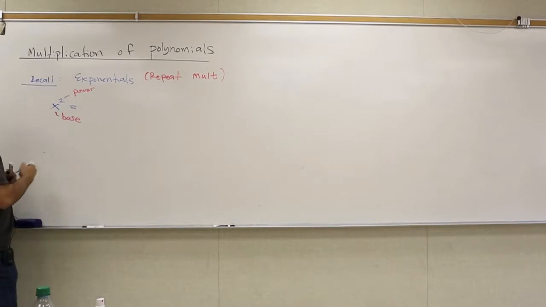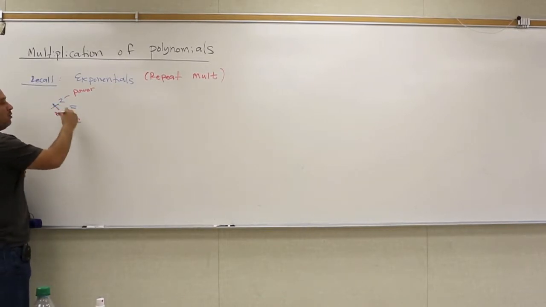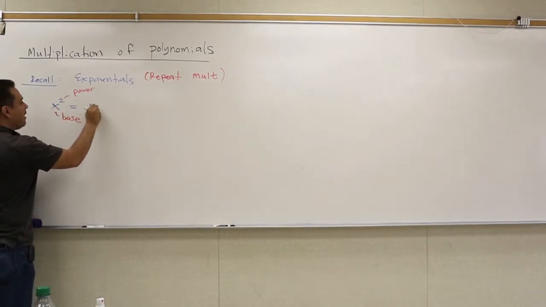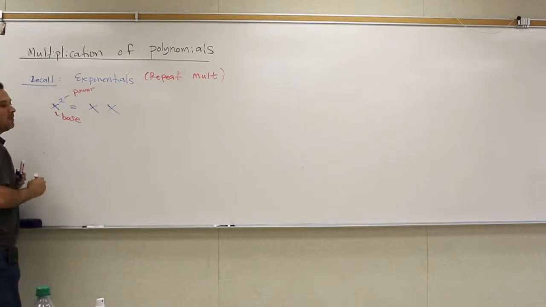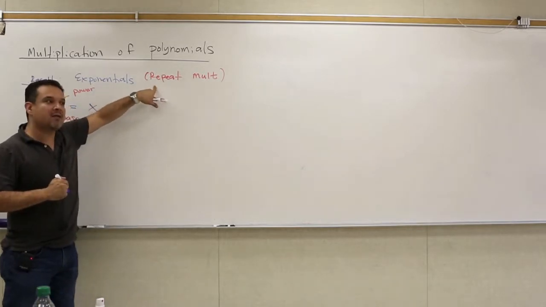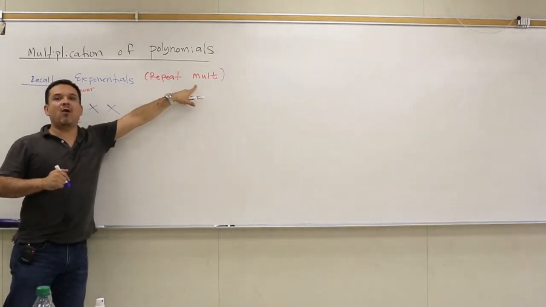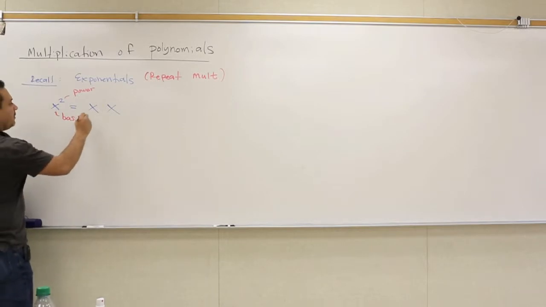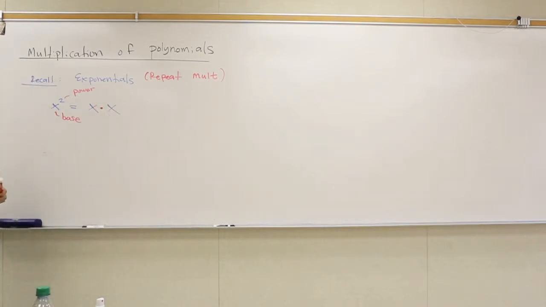So if the power or the exponent here is 2, you repeat this base how many times? 2 times. Is that right? And an exponential is repeat of that base twice and multiply. So just so you guys know, x times x, or let's review, is really x squared.